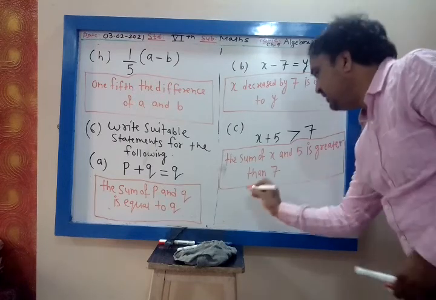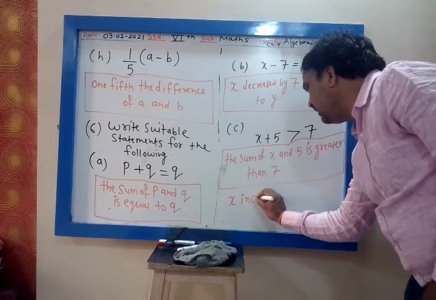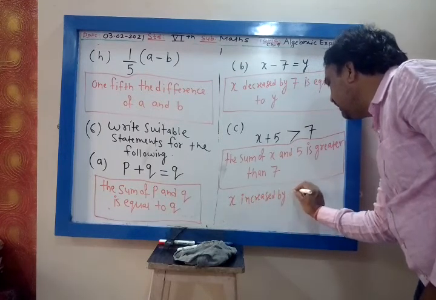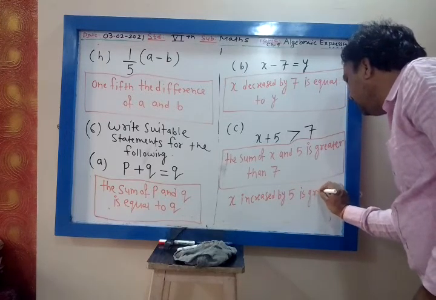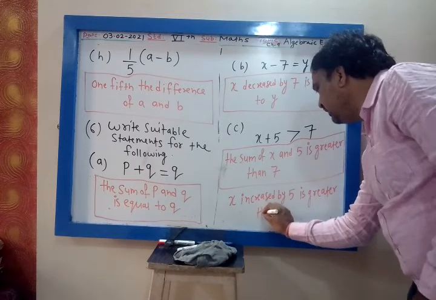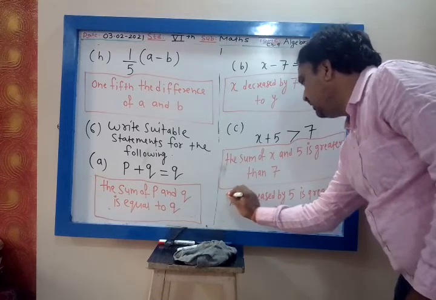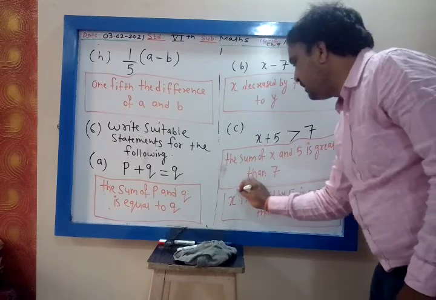So we write x increased by 5 is greater than 7.